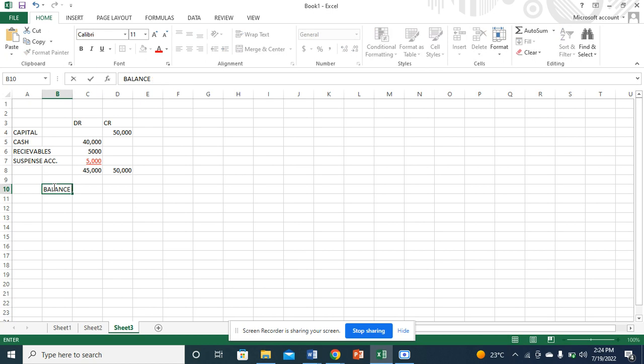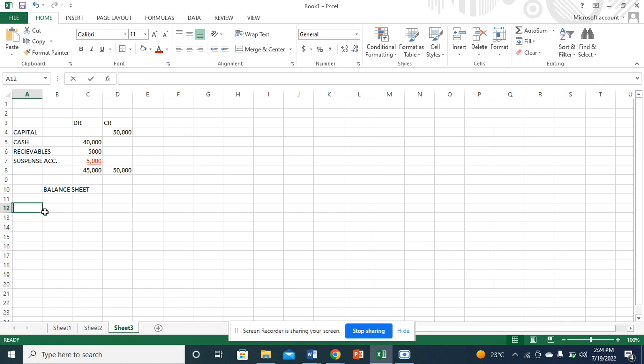All right, here the balance sheet. And then if suspense account has a debit balance here, of 5,000, it will be treated as a current asset. If our suspense account had a credit balance, you treat it as a current liability in the balance sheet, right?